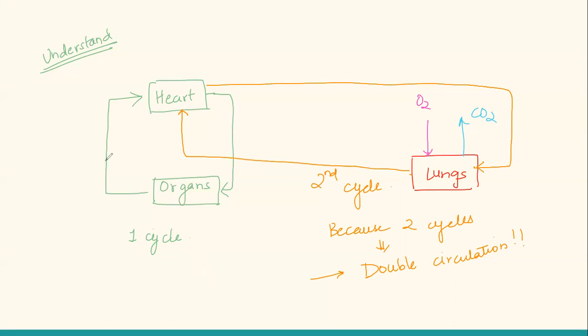You will write all the technical terms. You will say that the blood from all the organs is sent to the heart via the vena cava. Then the heart sends deoxygenated blood via the pulmonary artery to the lungs. Then from the lungs, it comes back via the pulmonary vein. And then from the aorta, it is pumped back to the organs.